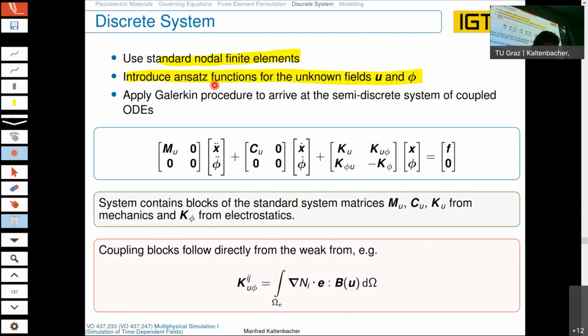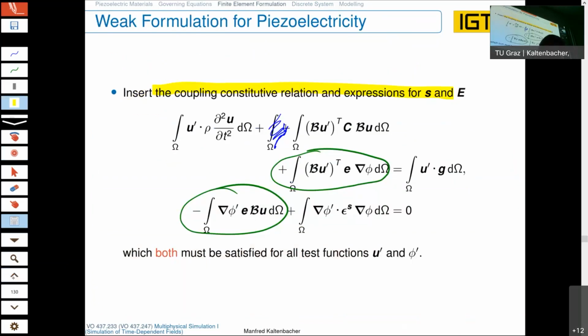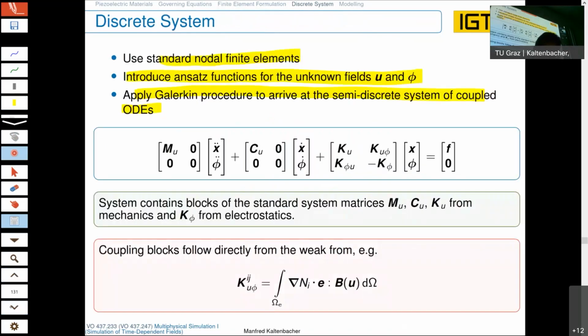We use the classical ansatz with the basis function and apply it to our weak formulation as just shown here, and substitute this and end up in the semi-discrete system of ordinary differential equations, because we are still continuous in time.